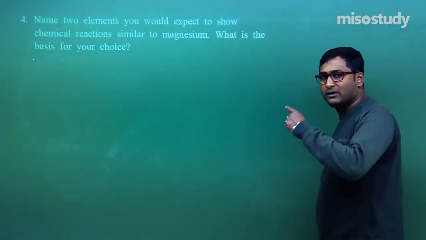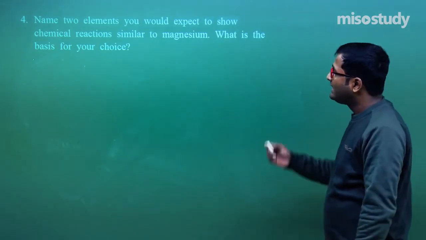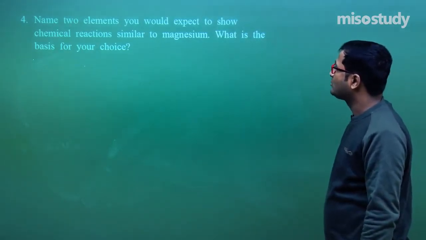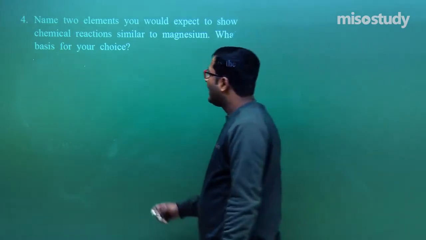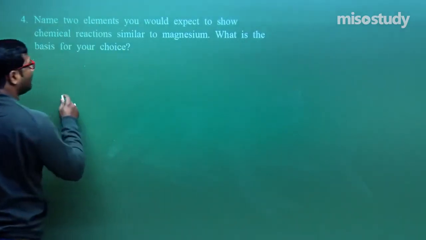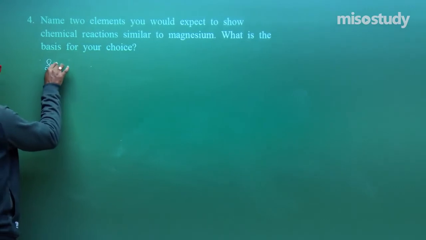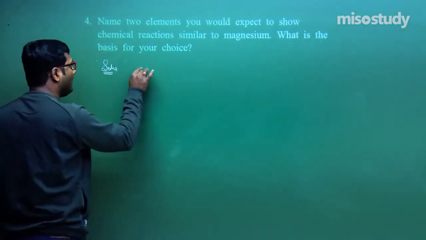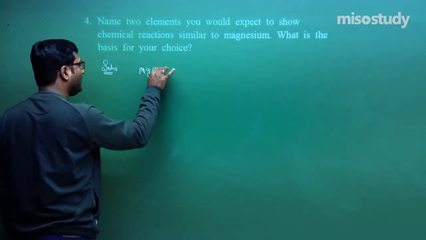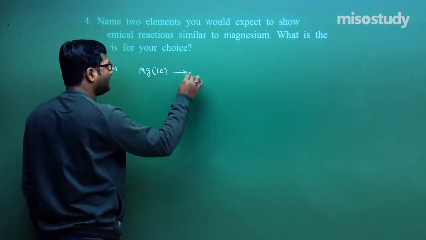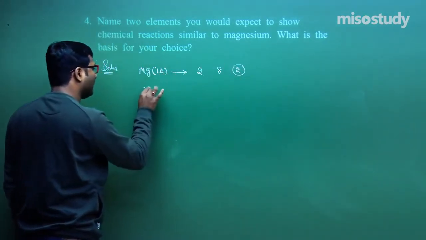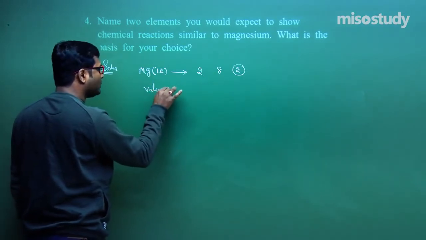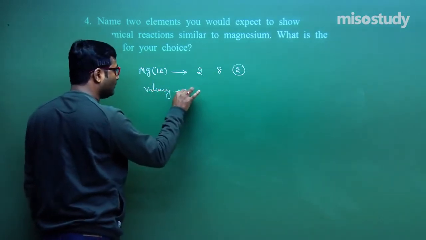Now listen carefully to what is given. Question number 4. Name 2 elements you would expect to show chemical reactions similar to magnesium. What is the basis of your choice? As we know, magnesium has atomic number 12. That is, its configuration can be written like this, 2, 8, 2. That is, the valency of magnesium is 2.